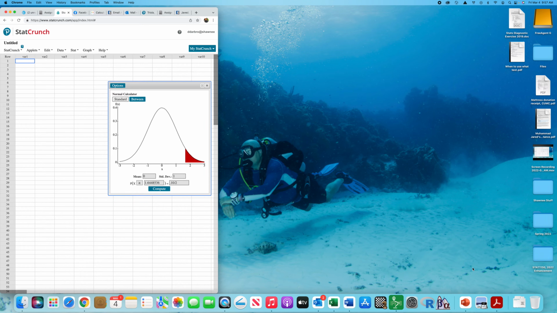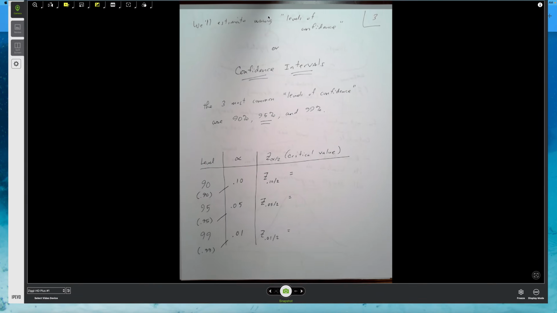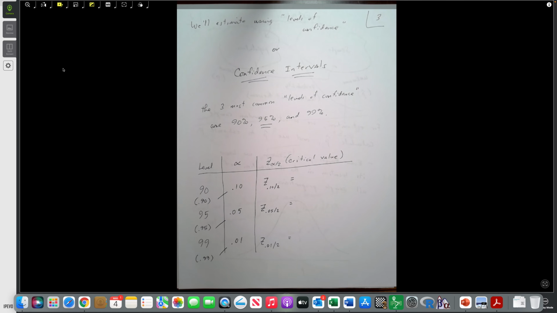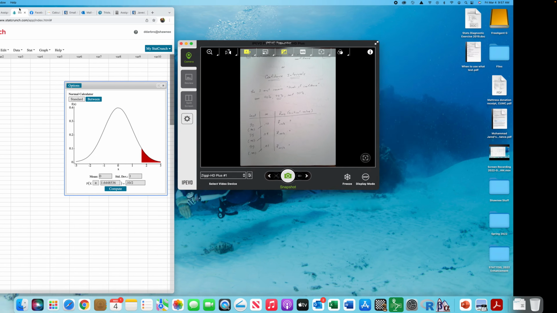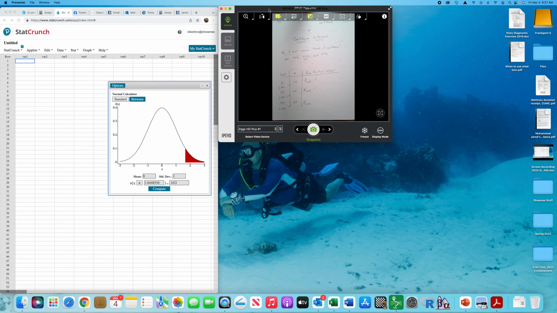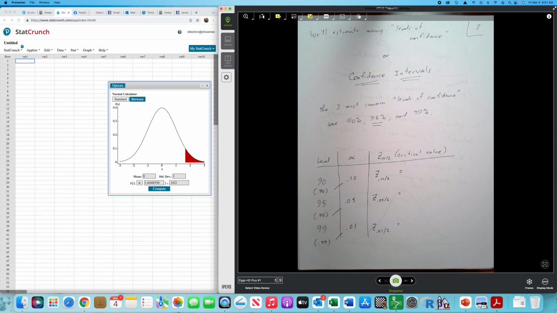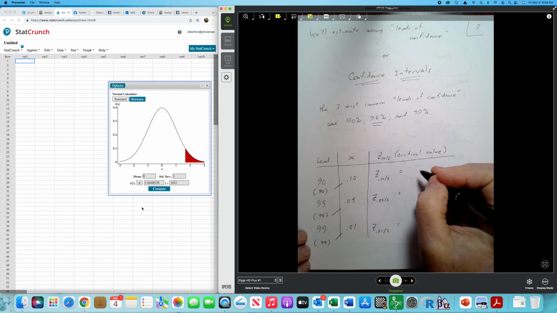This will be much better. Let's go split screen here. All right, so the Z critical for a 90% is 1.645, let's call it.